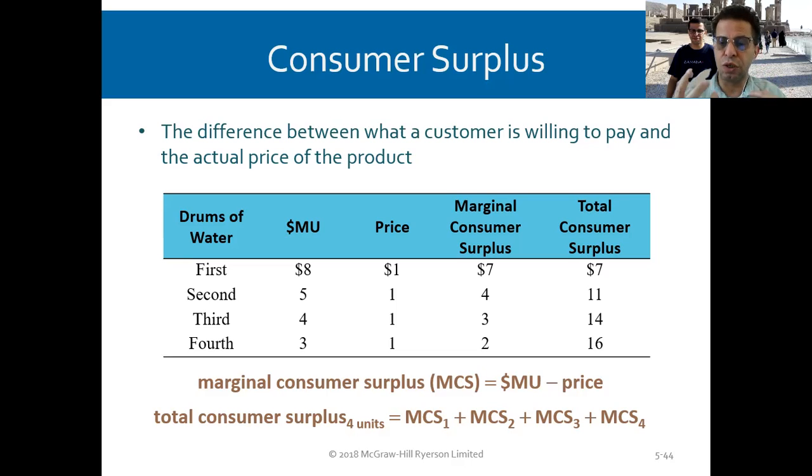Sometimes you go to a store, you buy something, and you come away very happy because you found it cheaper than you were willing to pay. The total consumer surplus is the total of the marginal consumer surpluses 1, 2, 3, and so on.